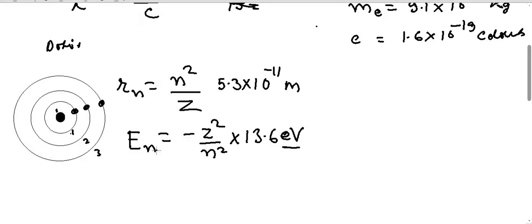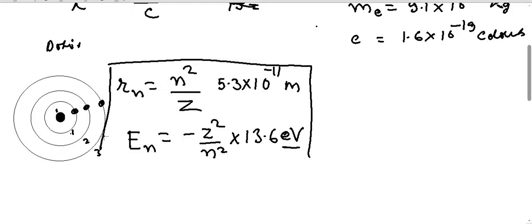So the energy in the nth orbital is equal to minus z square, where z is again the atomic number of the atom, by n square, where n is the orbital number, into 13.6 eV. It is useful to remember both these formulas because they will help to solve numerical problems easily and quickly.